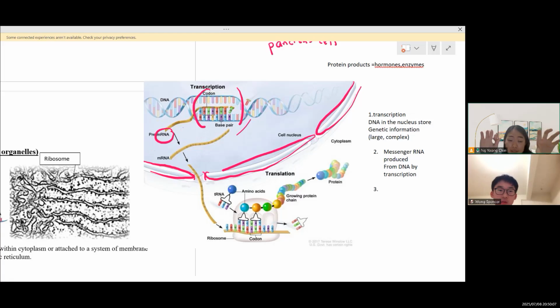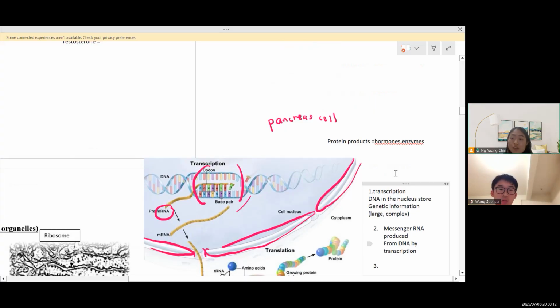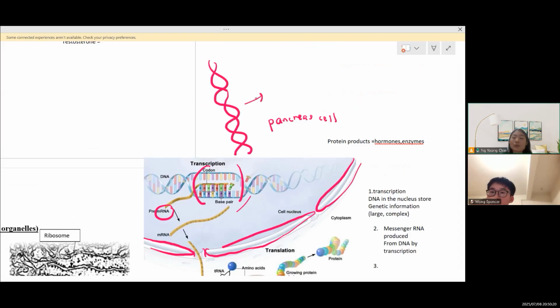That means the DNA will open just a certain region. You can imagine it this way. This is DNA, which is very long, without ending. They will open certain regions, like this one, and then close it back.